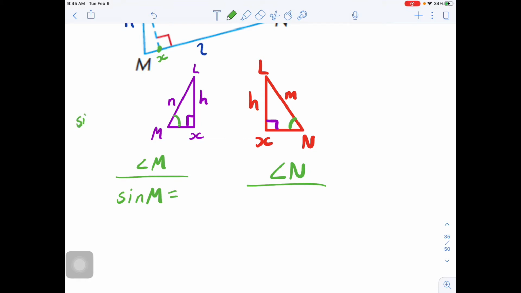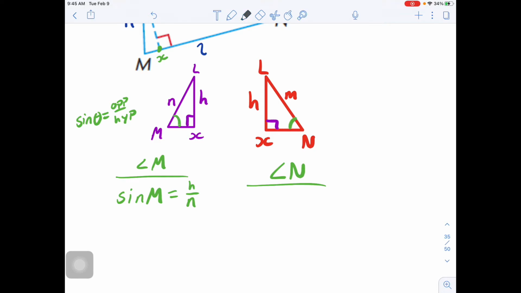Remember what sine is. Sine of an angle equals opposite over hypotenuse. So what's the opposite leg? Because this is a right triangle, it's the height. The opposite leg here is the height, and then our hypotenuse is little n.